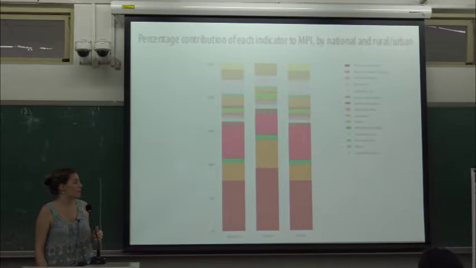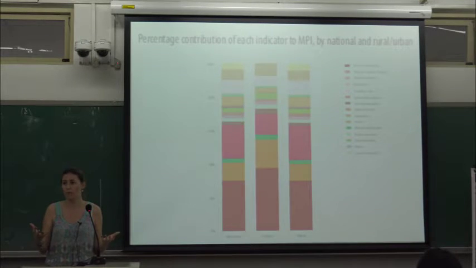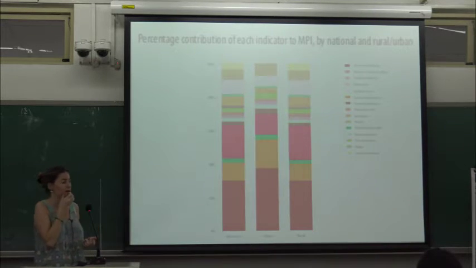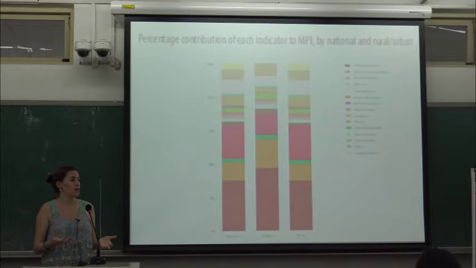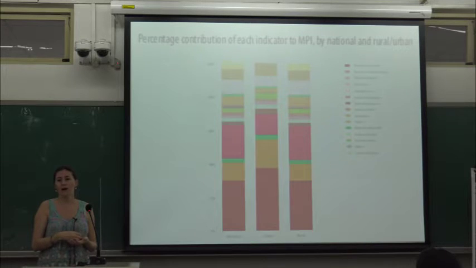This is the percentage contribution of each of the indicators to the national or total poverty, the MPI, for the country and for urban and rural areas. As you can see, the indicator that contributes the most to the MPI is years of schooling. And this is mostly driven by the fact that women haven't completed 5 years of schooling.